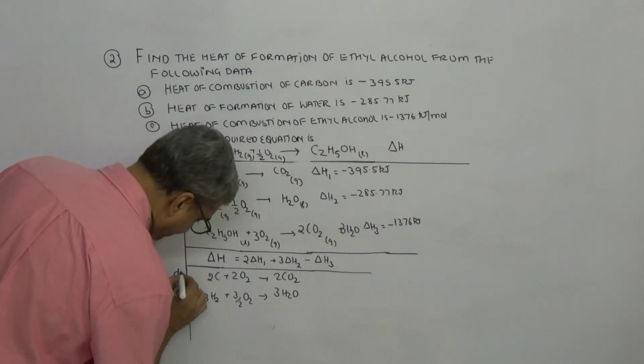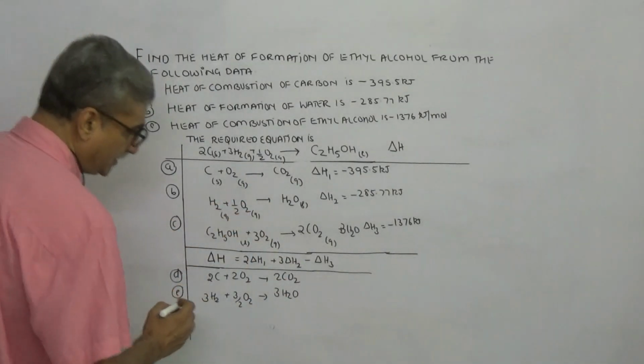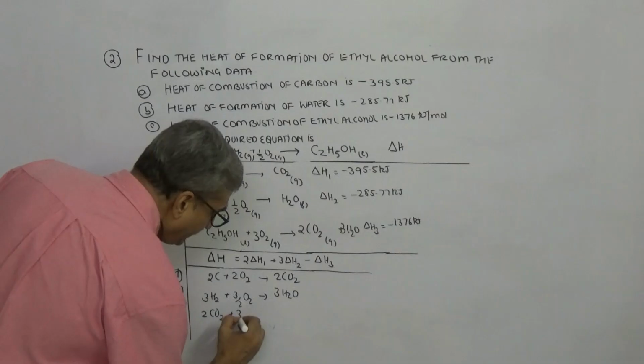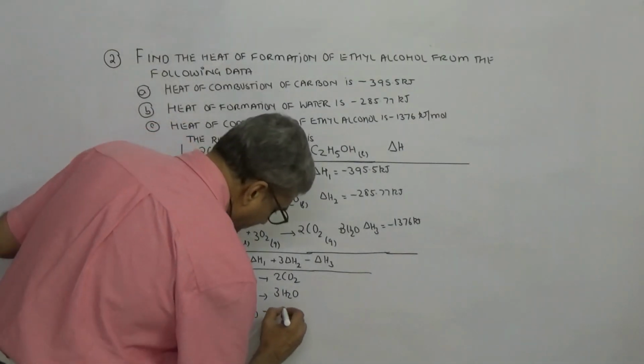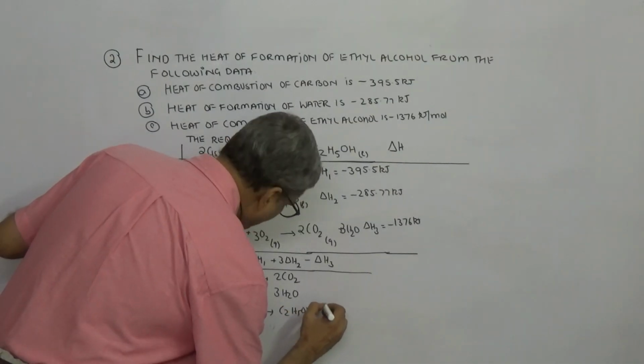F, we are absolutely reversing the whole thing. So you have 2CO2 plus 3H2O forms what? C2H5OH plus 3O2.